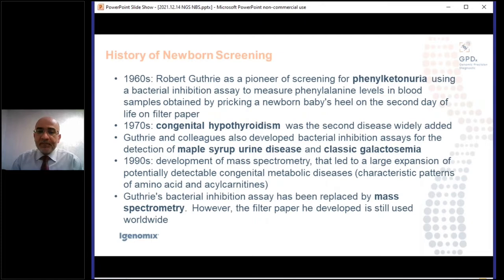Then the bacterial inhibition assay was expanded to include maple syrup urine disease and classic galactosemia. Then the breakthrough came in the 1990s when people started using mass spectrometry to look at different amino acids and acylcarnitines. During that time, we became able to screen for a large number of conditions using one method and one small sample.